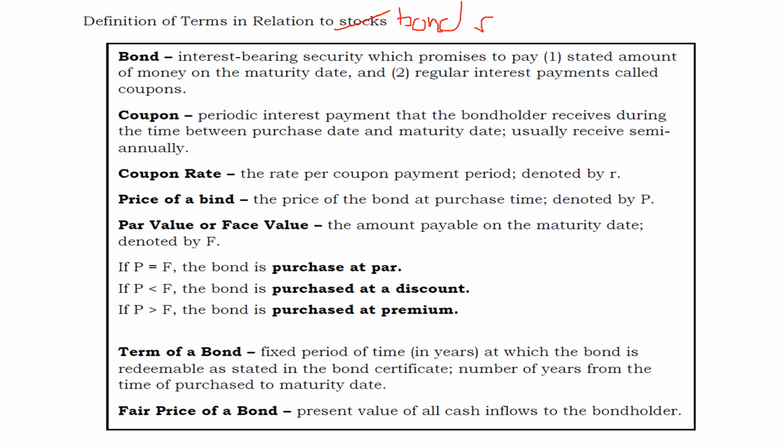First, let's recall the definition of a bond. A bond is an interest-bearing security which promises to pay, first, a stated amount of money on the maturity date, and second, regular interest payments called the coupons.